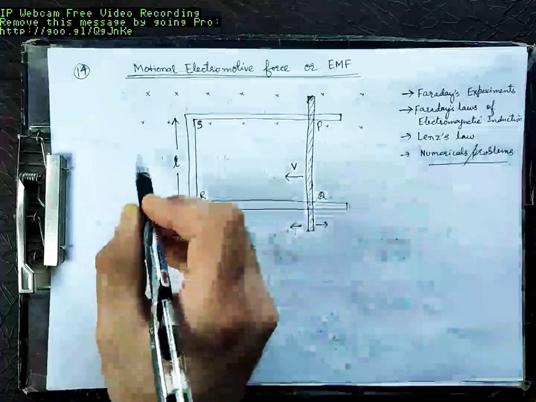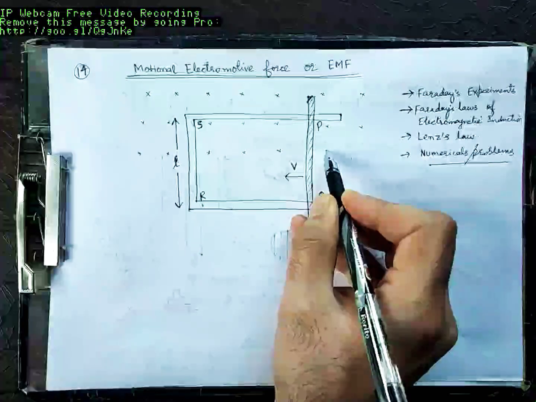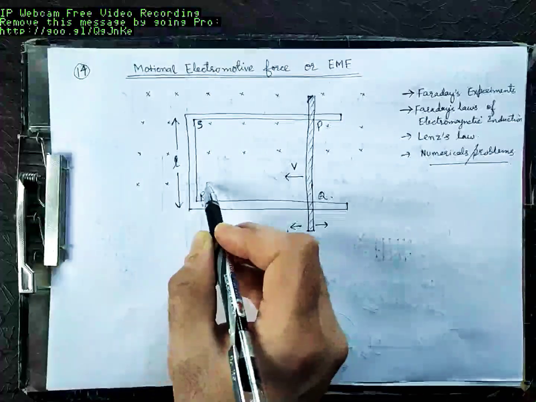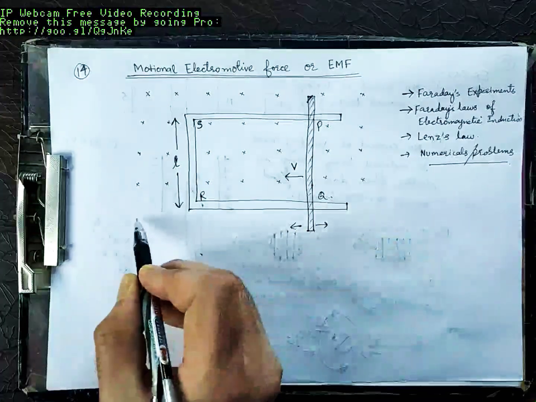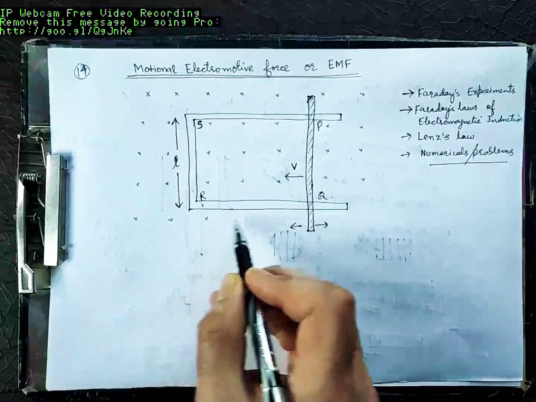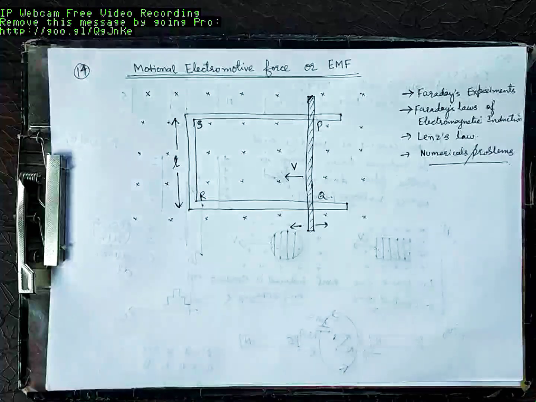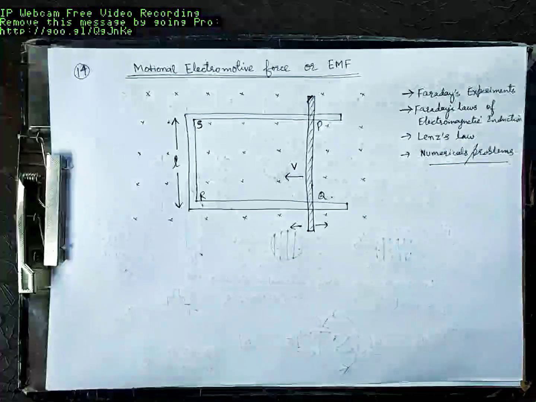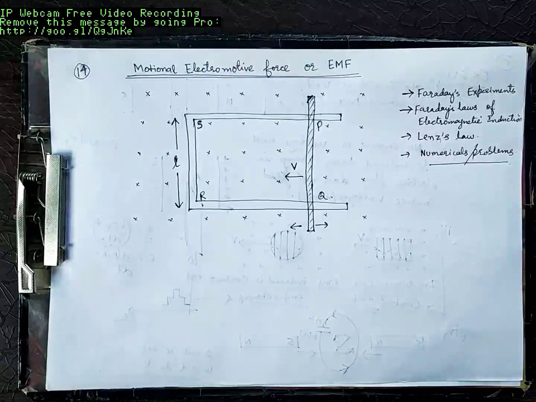Cross means magnetic field is into the plane of page. You are moving this conductor, arm PQ, towards left with velocity V.